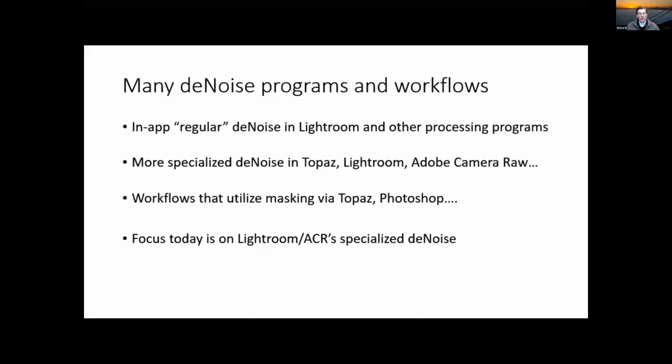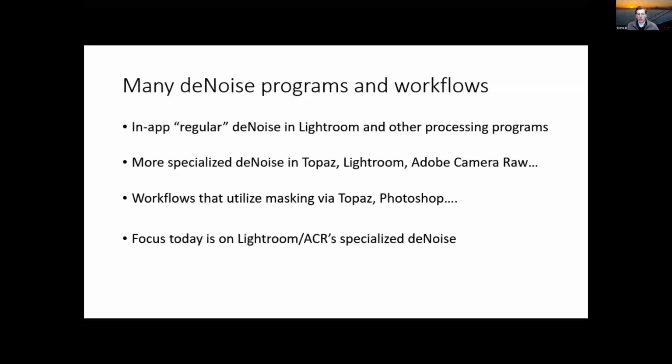In regular denoise, I'll show you, there are sliders in Lightroom and other processing programs. The more specialized programs like Topaz, Lightroom, Adobe Camera Raw, which is the same thing as Lightroom. There are workflows that utilize masking, like Topaz, where you can go through Photoshop to do denoise.